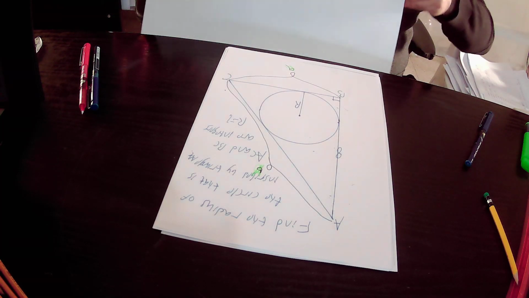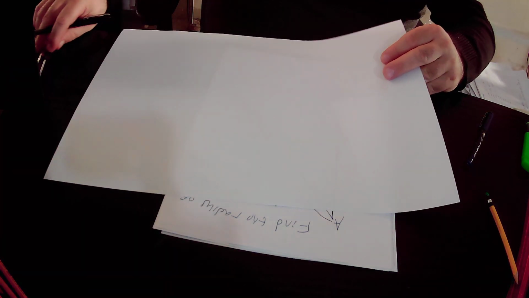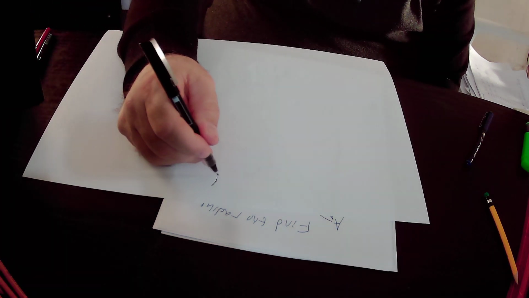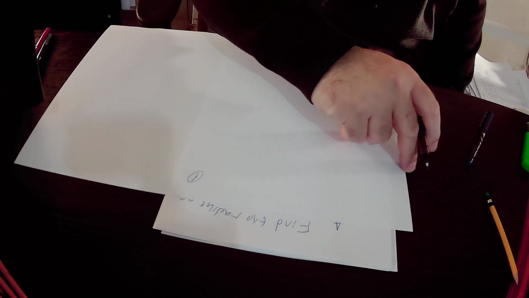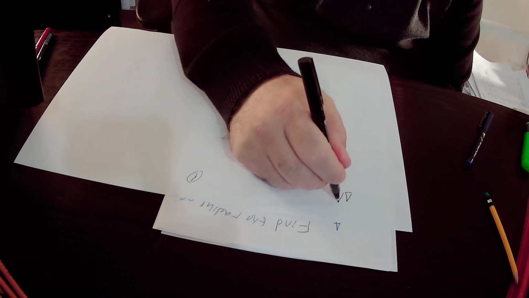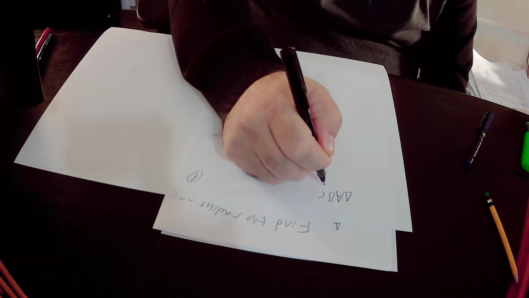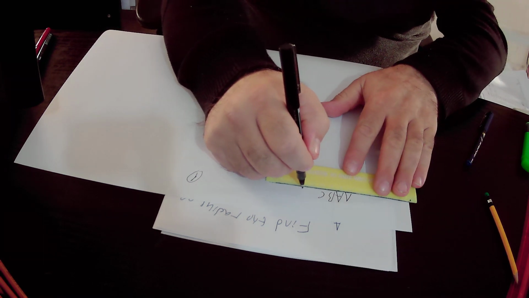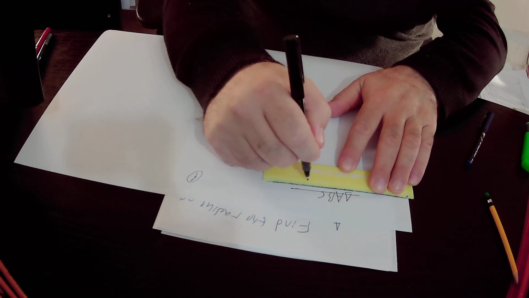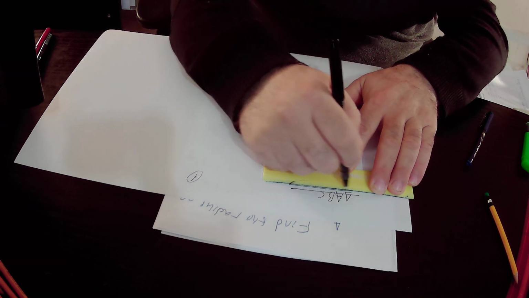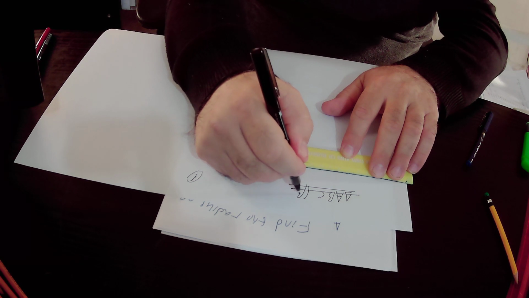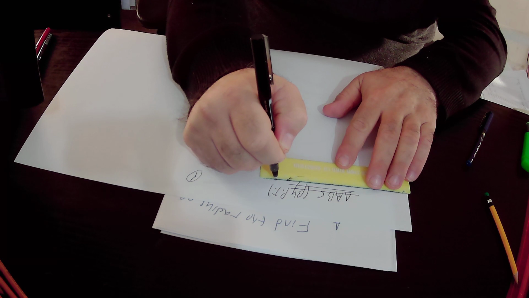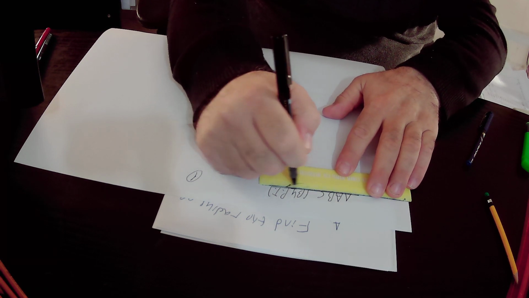According to the Pythagoras theorem, the square of the hypotenuse equals the sum of the squares of the perpendiculars.